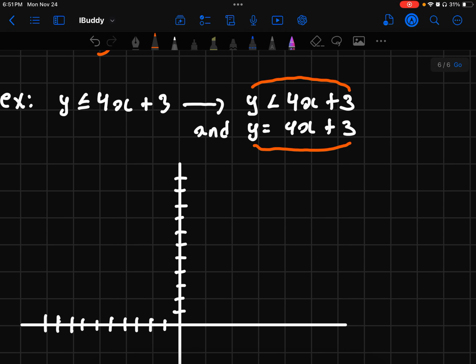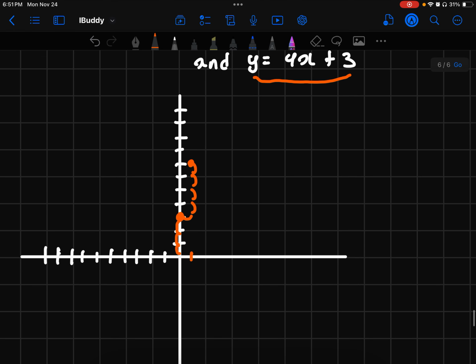We know that the y-intercept is 3, so let's go 1, 2, 3. And we know that the slope is 4, so we'll just use the slope: 1, 2, 3, 4, right here. And we can do the same thing down here: 1, 2, 3, 4.